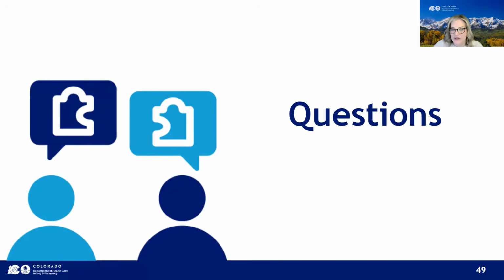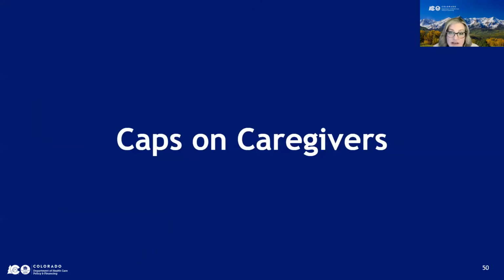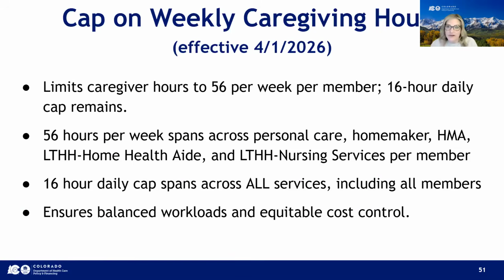All right, let's move on to our next section. We're going to be talking about caps on caregivers. So in addition to the 5-hour LRP for homemaker cap for caregivers, there is now also an overall cap for caregivers that applies across multiple services.